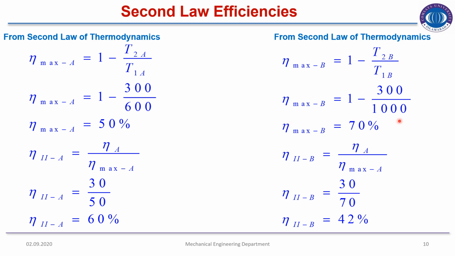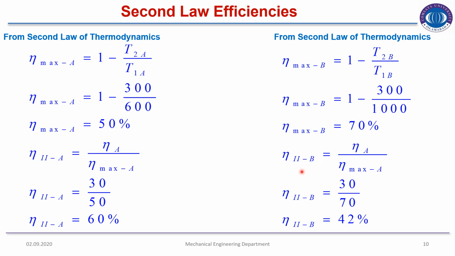Here TH is 1000, since in heat engine A the temperature of source is 600, and in heat engine B the temperature of source is 1000. So the maximum thermal efficiency for the reversible engine is 70%. That's how we have calculated it.